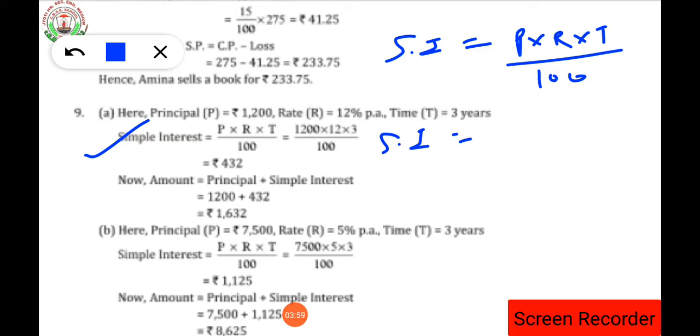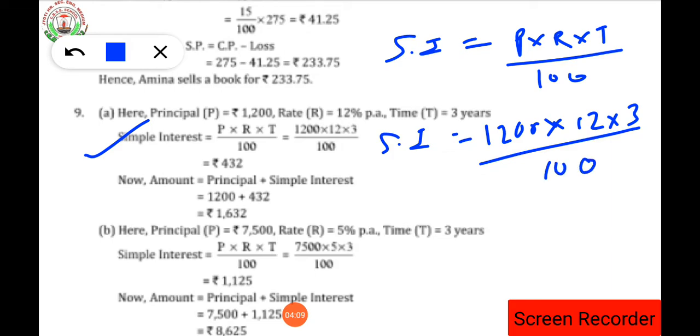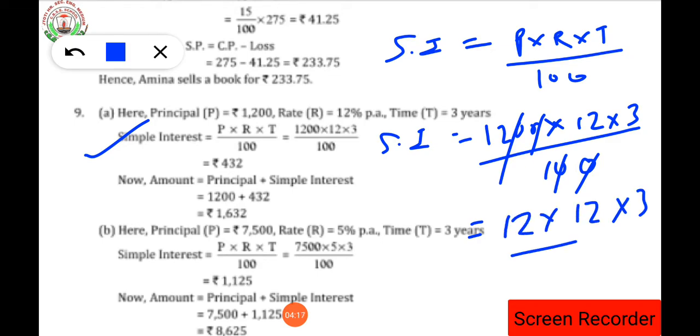That is 1200 into 12% into 3 upon 100. The 0 0 will get cancelled from here. What is left is 12 into 12 into 3. So 12 into 12 is 144. 144 into 3 is 12.